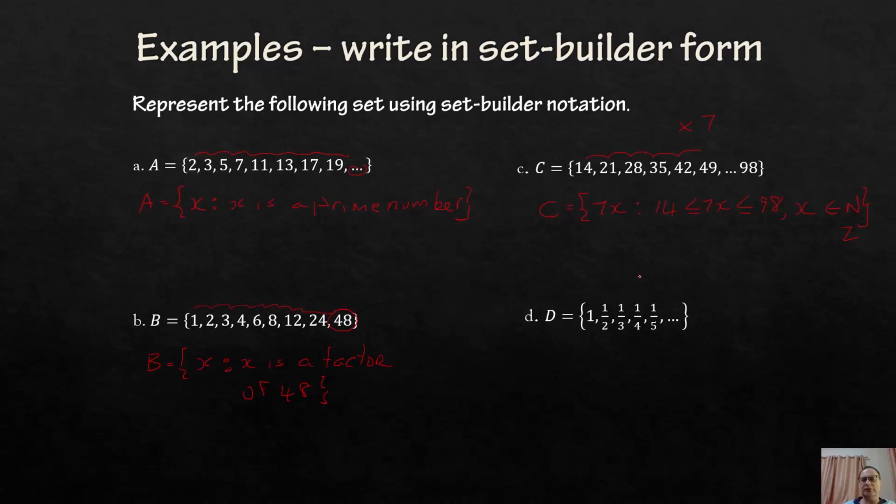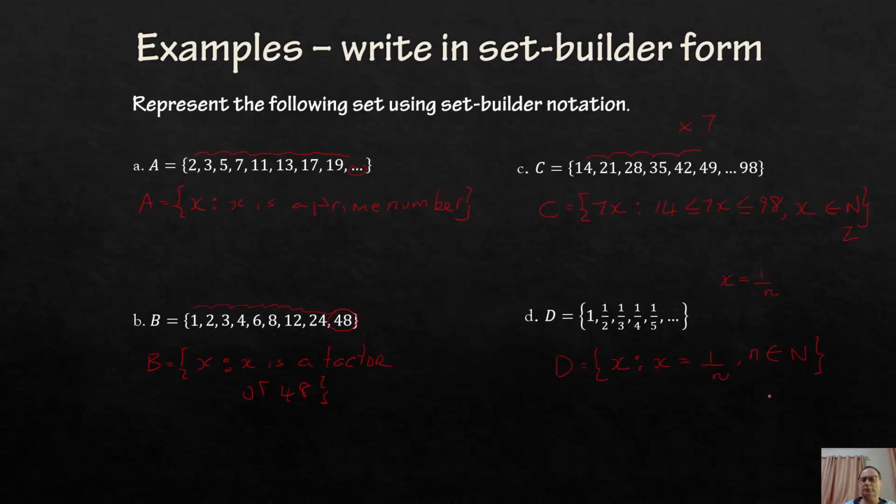In this question, this actually looks like we need a dummy variable. So let's let x equal 1 on n. So our set would be x such that x equals 1 on n, where n is a natural number.